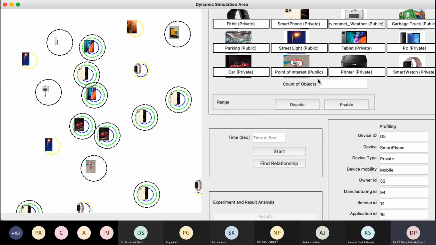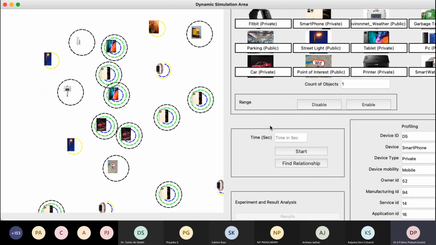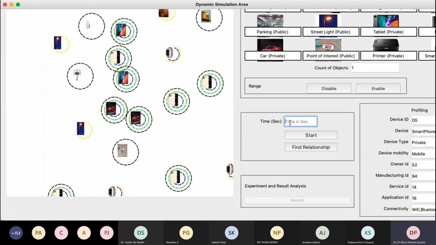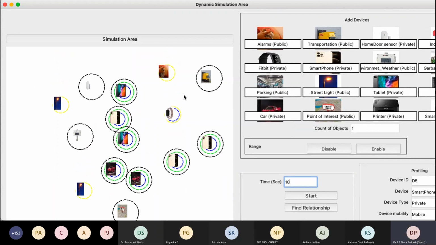So let me start this simulation. Let me run this for 10 seconds. Before going to that, suppose I have to enable or fix the parameters for these devices, like the relationship parameter.